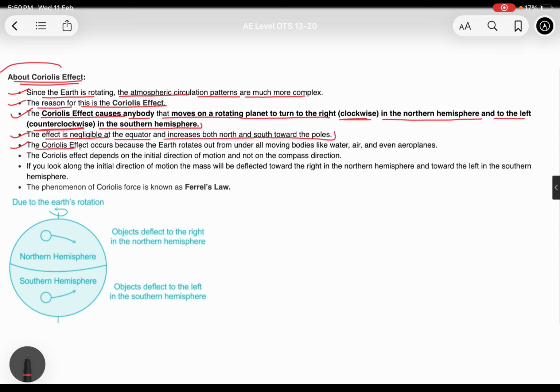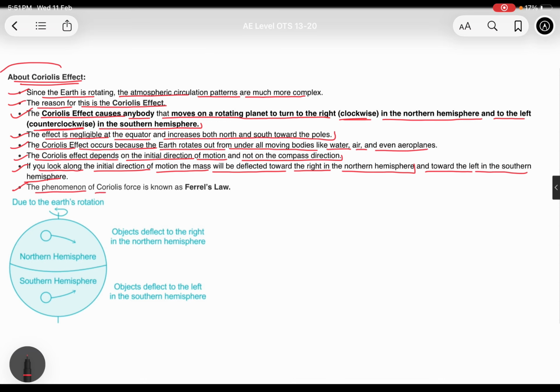It occurs because the Earth rotates out from under moving bodies like water, air, even aeroplanes. It depends on the initial direction of motion and not on the compass direction. Looking along the initial direction of motion, the mass will be deflected toward the right in the northern hemisphere and toward the left in the southern hemisphere.